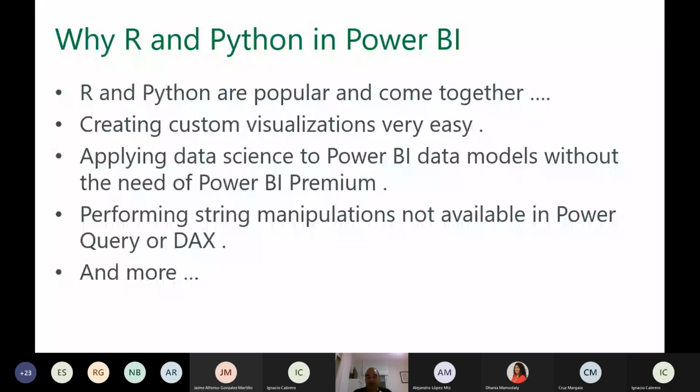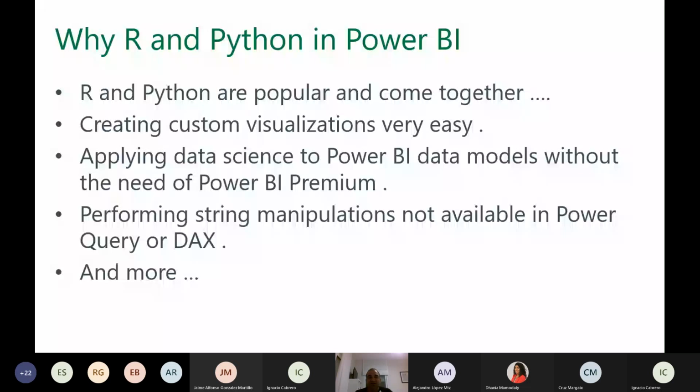RStudio Desktop is for R and for Python, so you can install it for both. This is the link. You can install Microsoft R Open, or install R, the latest version for Windows. This is R, these are libraries. You can install Python from these links. You can, of course, use SQL Server, but the better way is to use SQL Server on Linux or SQL Server on Docker. This is the whole environment.